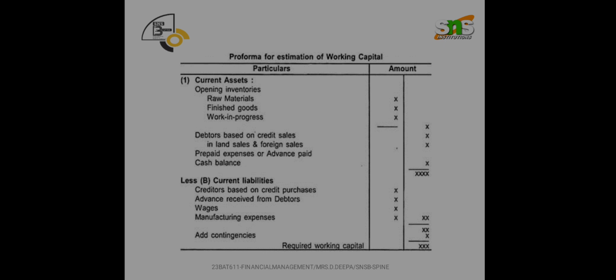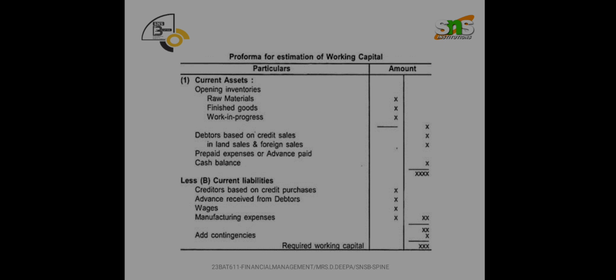And also the advances received, wages that we need to pay, and the manufacturing expenses, all the production-related expenses incurred during production time. All these expenses and liabilities we call current liabilities. Contingencies are the additional, unexpected expenses that we also include here.